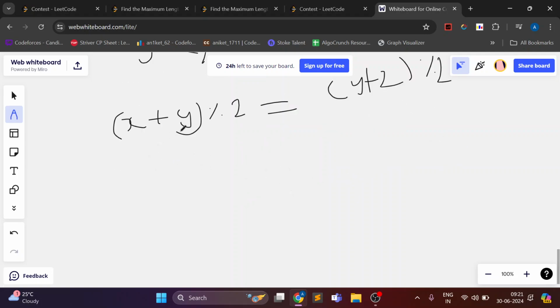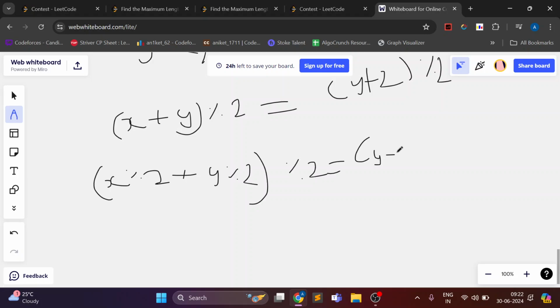Now we can always expand this using normal modular arithmetic. So first of all, (x mod 2 plus y mod 2) whole mod 2 is equal to (y mod 2 plus z mod 2) whole mod 2.